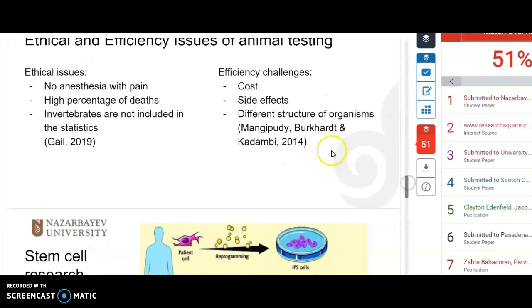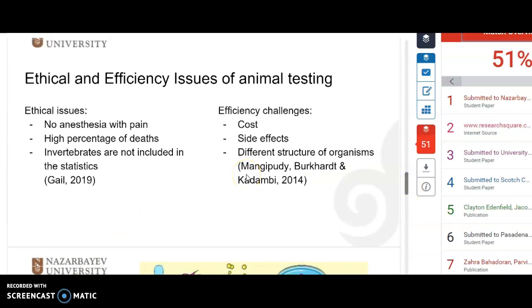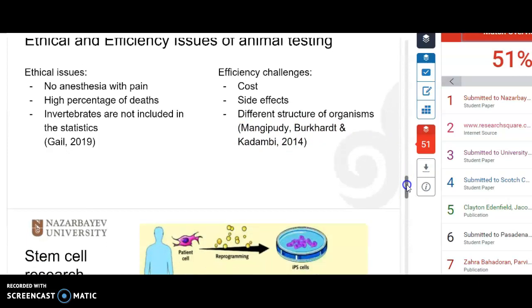Well, you found out about the challenges to efficiency, that it's costly, that there's some side effects, and so forth. So you see, you can kind of rearrange the slides and also the way you're going to discuss them to make it more about you, your interests, and how the sources have shaped your understanding of the topic.